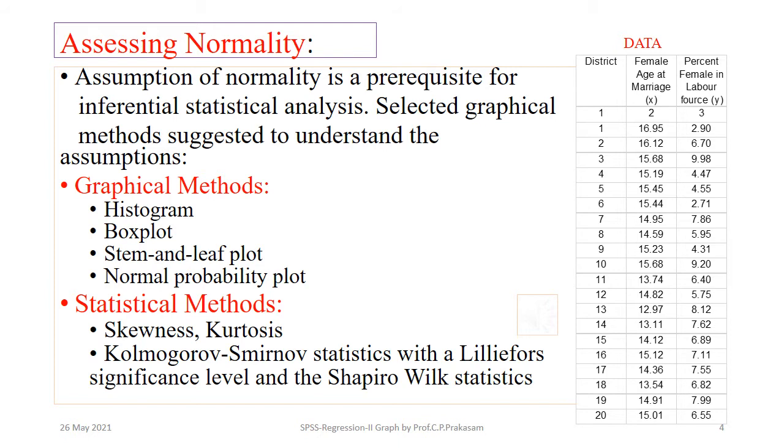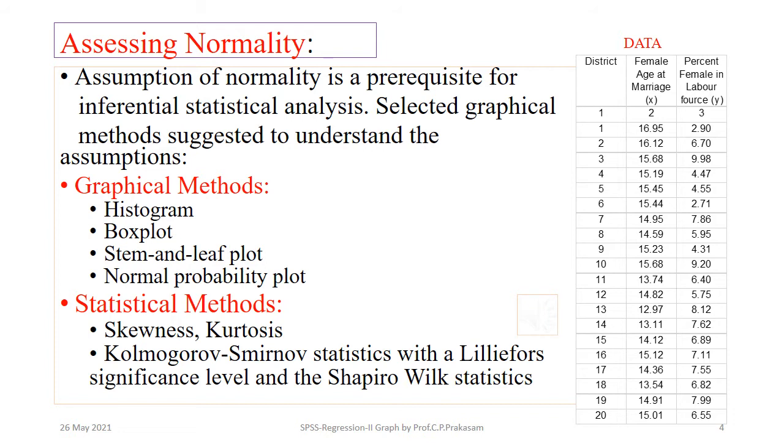There are also statistical methods such as skewness, kurtosis, Kolmogorov-Smirnov statistics with Lilliefors significance level, and Shapiro-Wilk statistics. All these we will try to understand by using the graphic editor from SPSS.